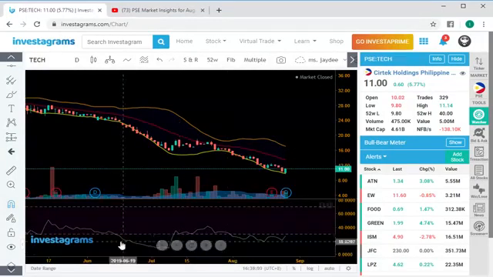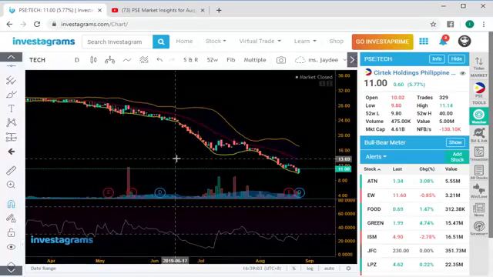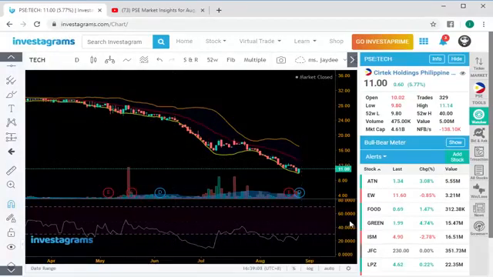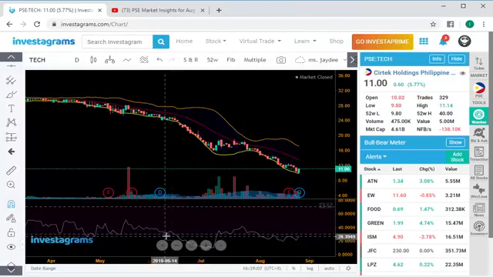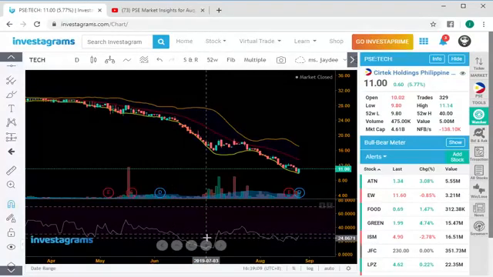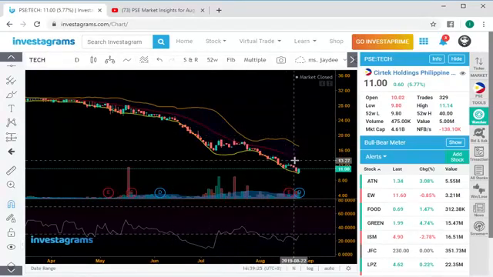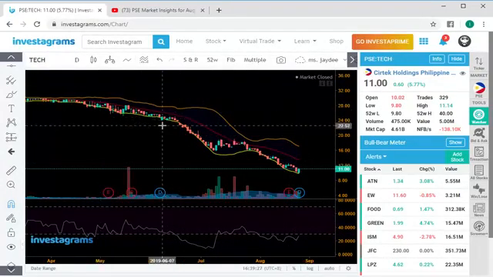Okay, so for the past how many days, this stock has been moving just around the oversold area. And ideally, when you say oversold, that's the area where people should think that it's already in a cheap level. But the market is not ready yet for a reversal in the past few weeks.